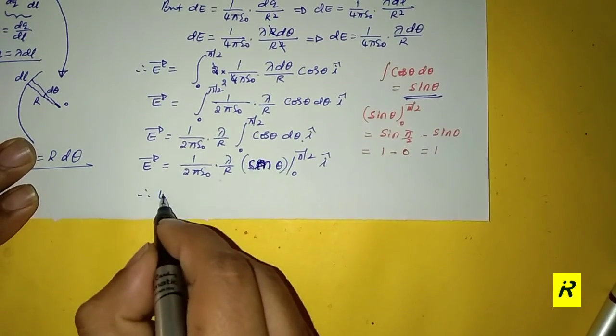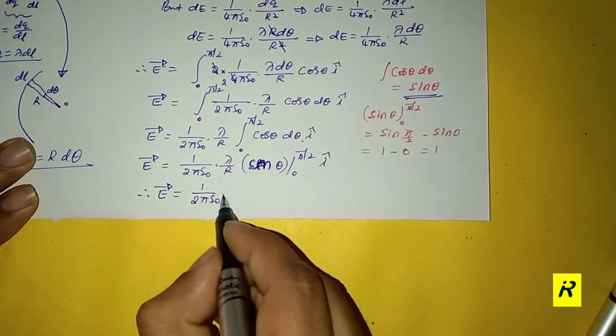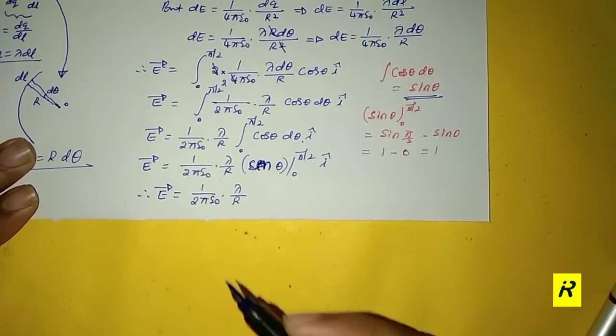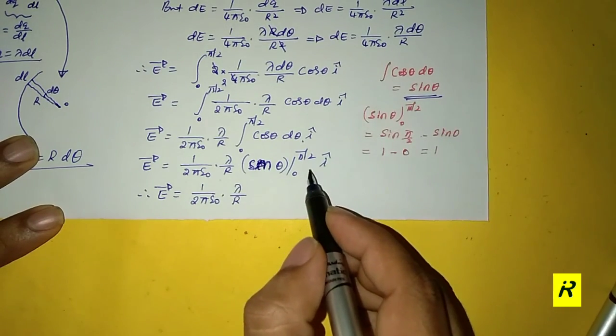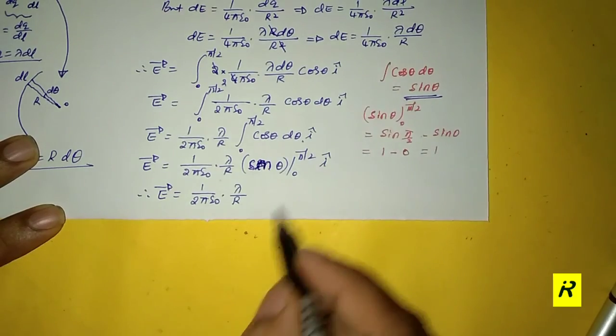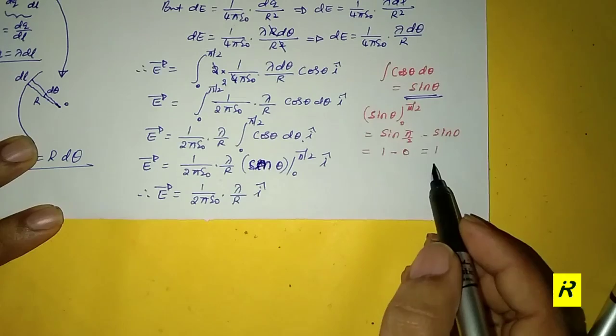Therefore, I can write E vector equals 1 divided by 2 pi epsilon O lambda divided by r, right? Lambda divided by r into this thing, which is i cap, because all these things came to be 1.